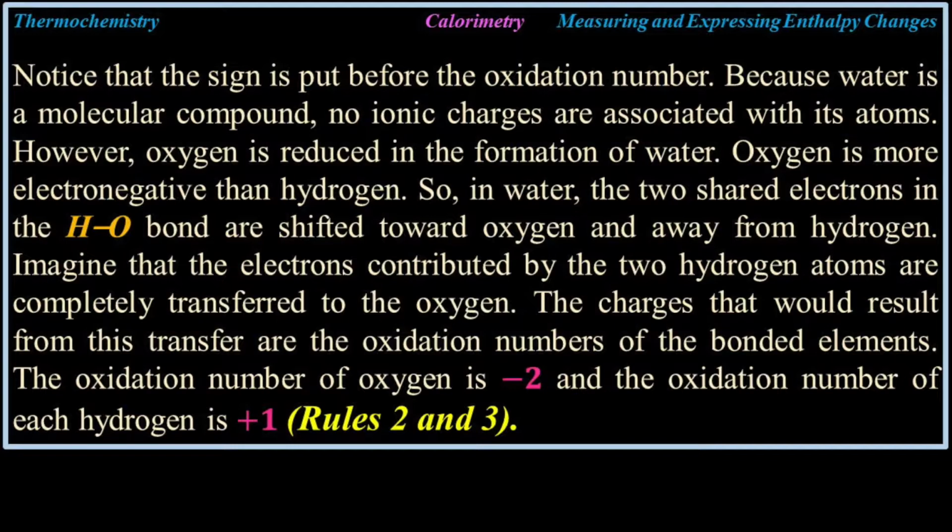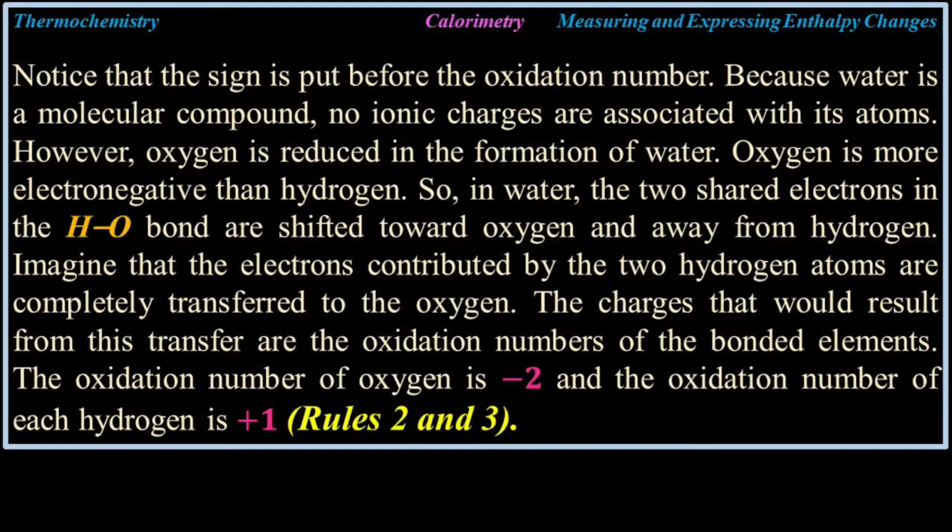Because water is a molecular compound, no ionic charges are associated with its atoms. However, oxygen is reduced in the formation of water. Oxygen is more electronegative than hydrogen. So, in water, the two shared electrons in the H-O bond are shifted towards the oxygen and away from the hydrogen. Imagine that the electrons contributed by the two hydrogen atoms are completely transferred to the oxygen.